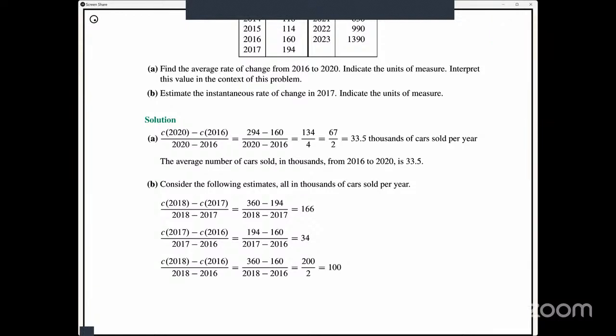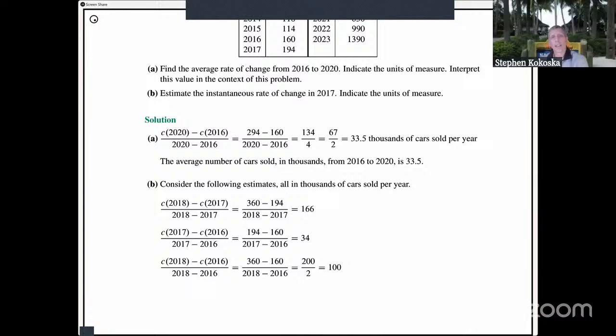Well, what if we went in the other direction? The slope of the secant line between 2017 and 2016 is 34. Wow, there's a big difference there. So there, an estimate for the instantaneous rate of change is 34 thousands of cars per year.